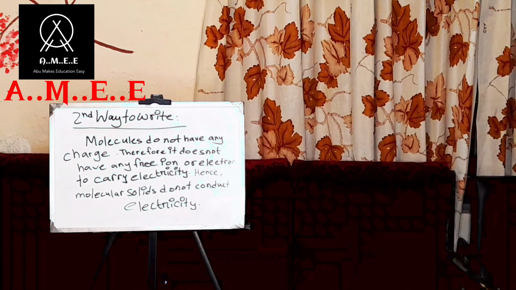So the melting point of hydrogen is minus 259 degrees Celsius. Melting point of oxygen is minus 219 degrees Celsius. Melting point of pure water is 0 degrees Celsius. Melting point of silicon dioxide, which is silica, is 1610 degrees Celsius.